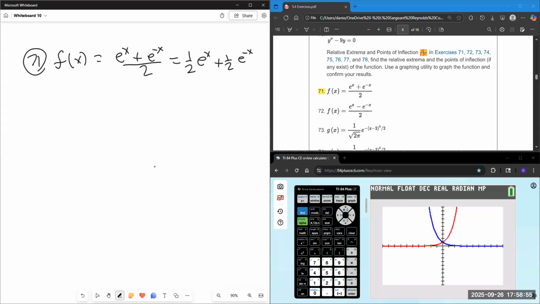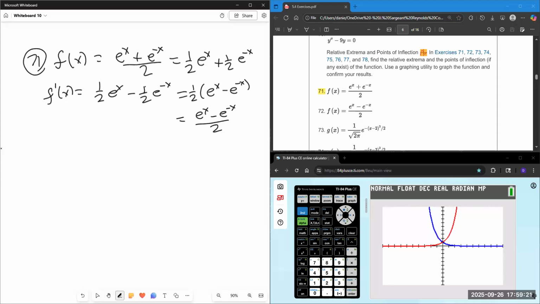So for relative extrema, f prime of x is 1/2 e to the x minus 1/2 e to the negative x, or 1/2 of e to the x minus e to the negative x, which is e to the x minus e to the negative x over 2. This is also a special function that we'll talk about later in this chapter.